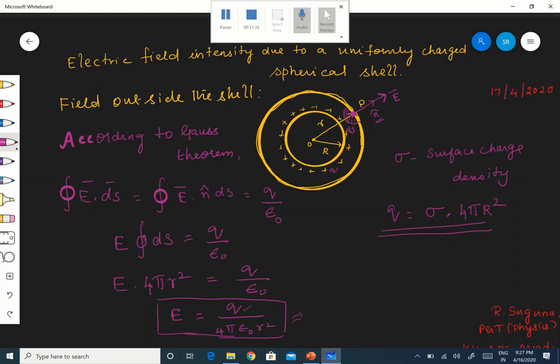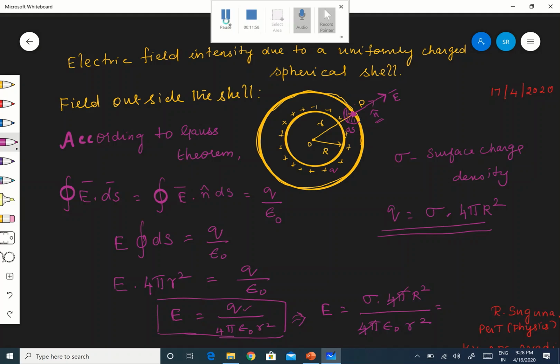Now, I want to give the same expression in terms of surface charge density. Therefore, this can be written as E equal to, where Q is sigma into 4 pi R squared, divided by 4 pi epsilon naught r squared. The 4 pi gets cancelled.